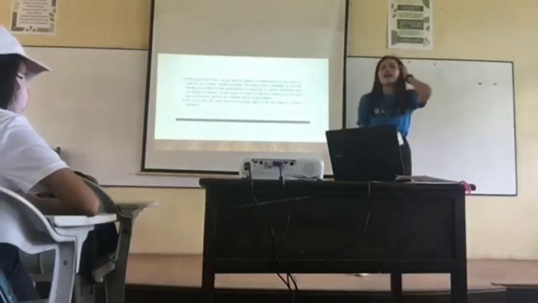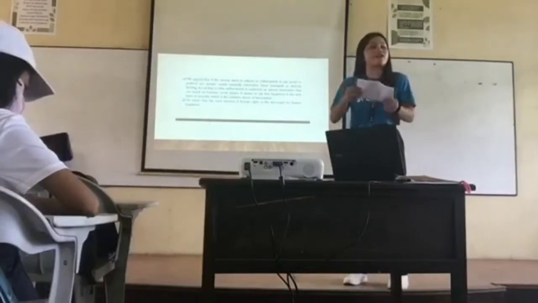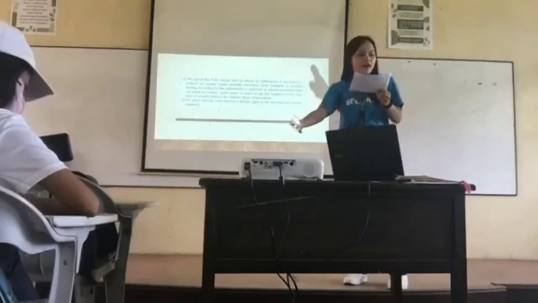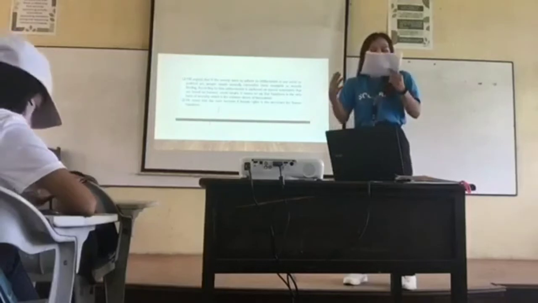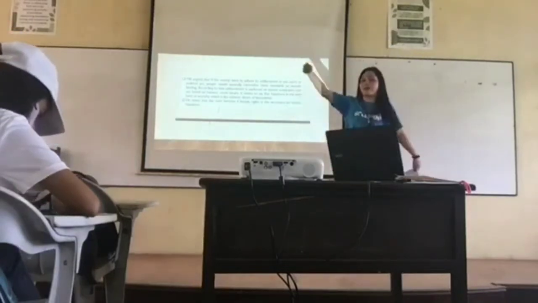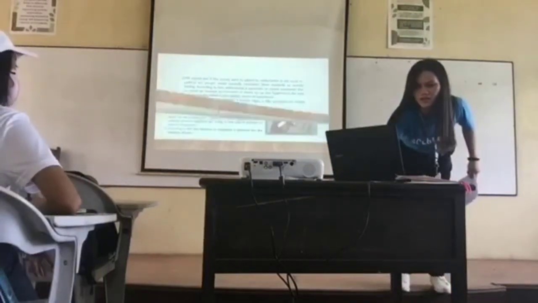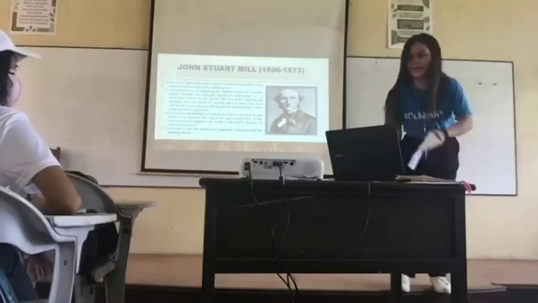Then, another is what is said by the majority, so this is to be followed by all because the majority speaks what is right. So that is utilitarianism according to Jeremy, John Stuart Mill.